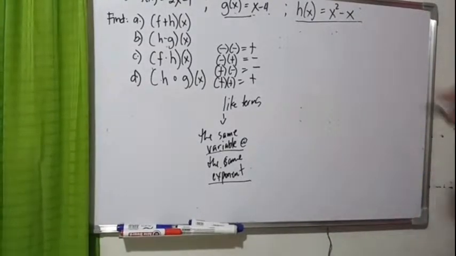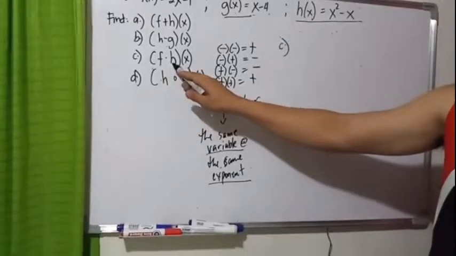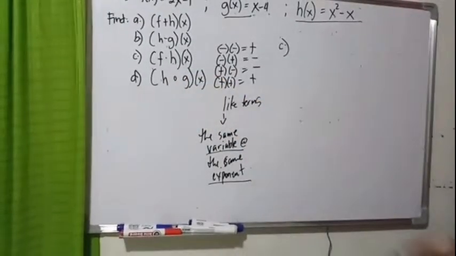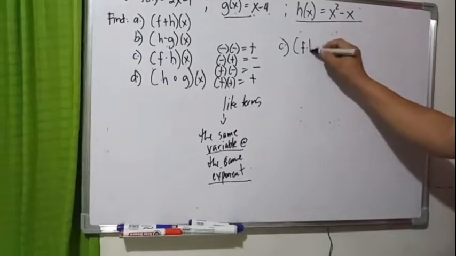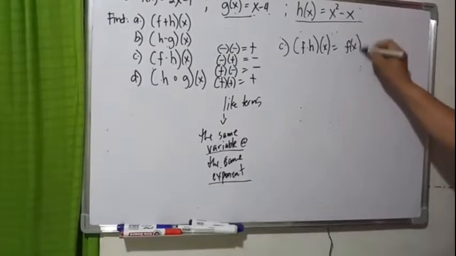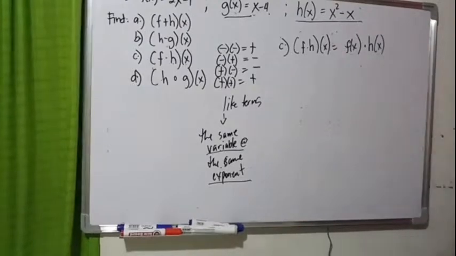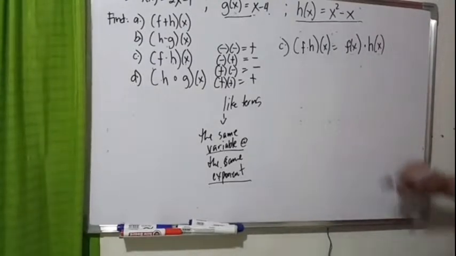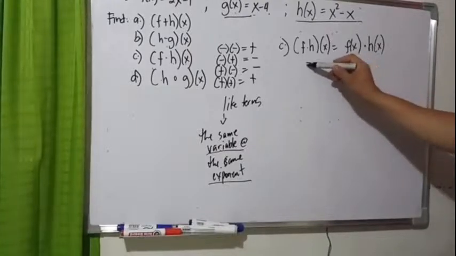Okay, for letter C, so that is F times H times X. So that is product. So that is the quantity of F times H times X equals F of X times H of X. Again, kung ano yung value ng f of x, yan ang i-substitute natin.